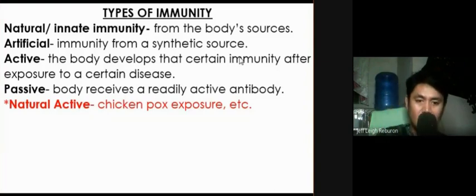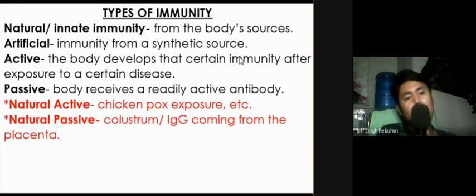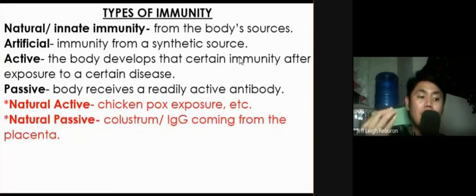Okay, so that's the natural active. Pag sinabi naman po nating natural passive, ito po yung mga antibodies na hindi natin produce, pero galing sa ibang tao. Okay? Ang good example nito, yung diniscuss ko kanina, colostrum and the IgG coming from the placenta.